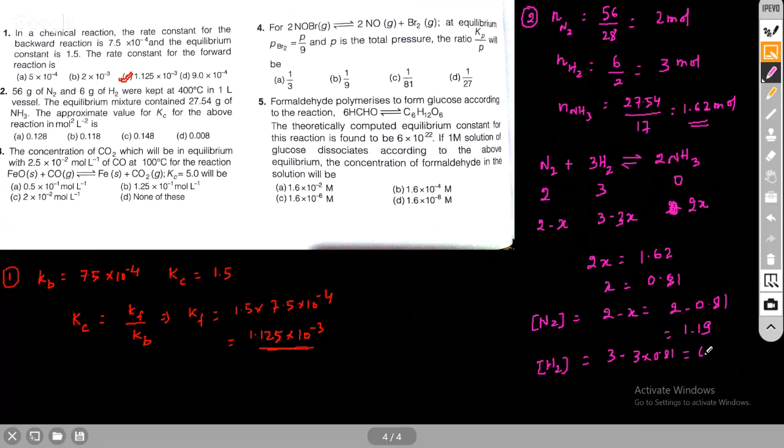So this will be 0.57, and then NH3 we have already 2 into 0.81. So Kc is equals to what? 1.19 into 0.57 cube divided by 1.62 square. Is the expression correct? This expression is correct? 0.57 it is.